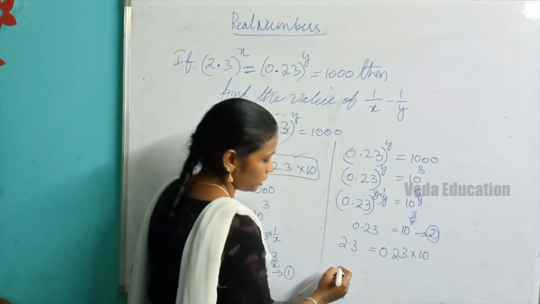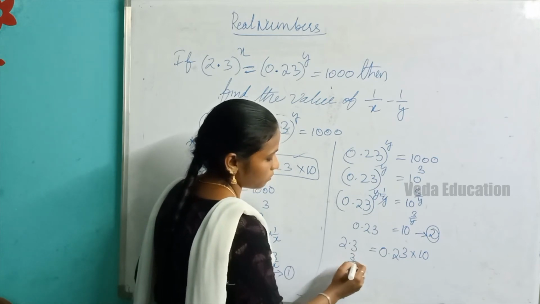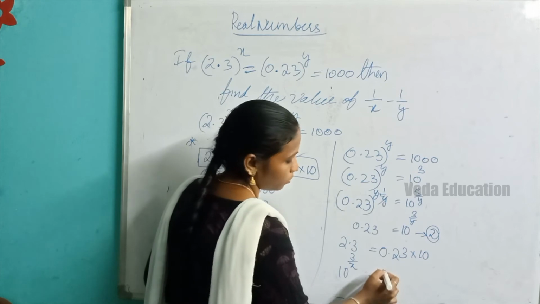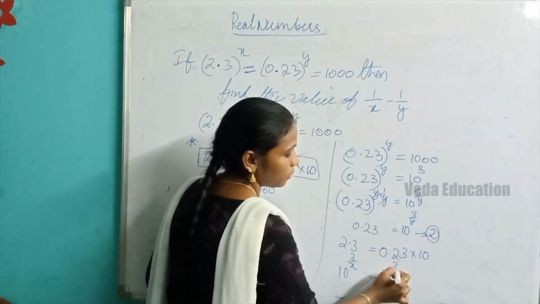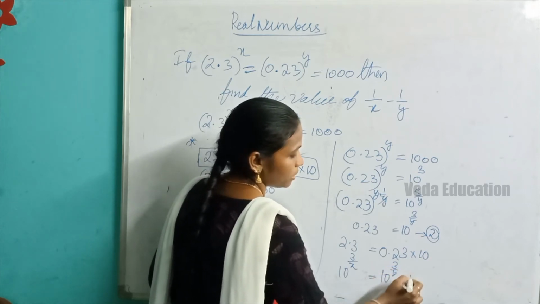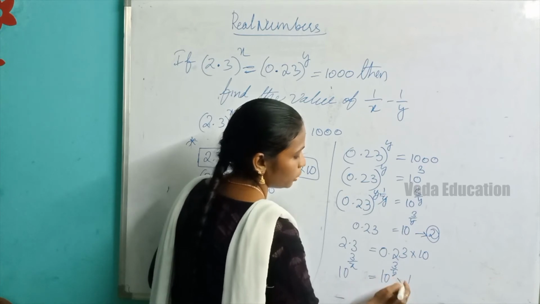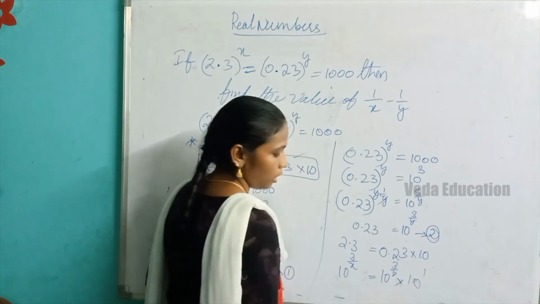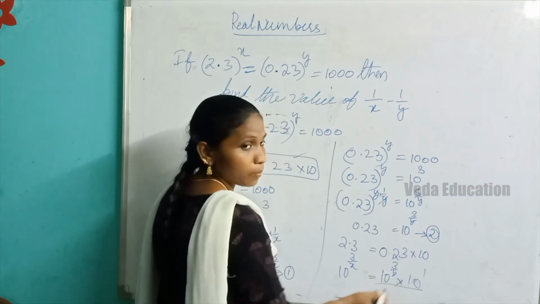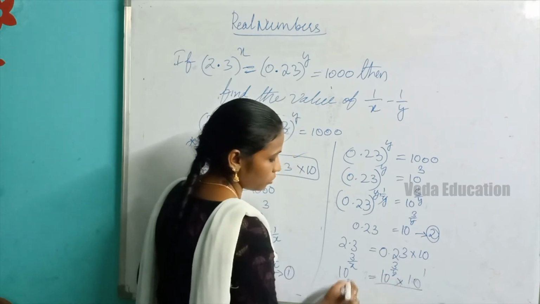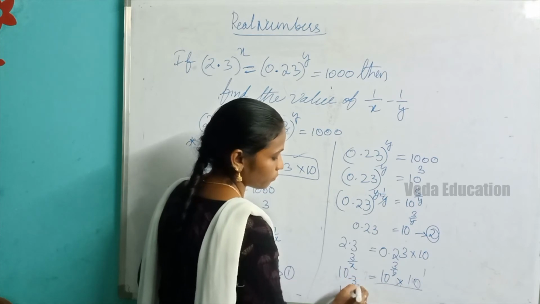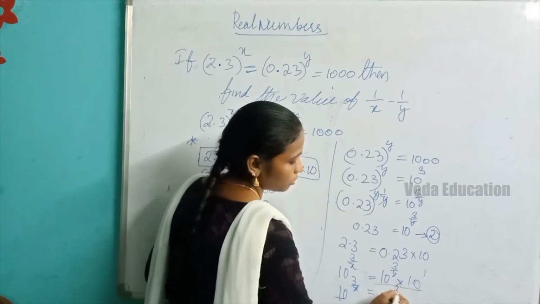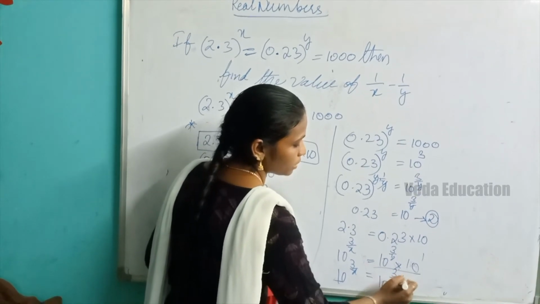Now 2.3 is 10 to the power of 3 by x, and 0.23 is 10 to the power of 3 by y, into 10 to the power of 1. Now if bases are the same, you can add the powers. So 10 to the power of 3 by x equal to 10 to the power of 3 by y plus 1.